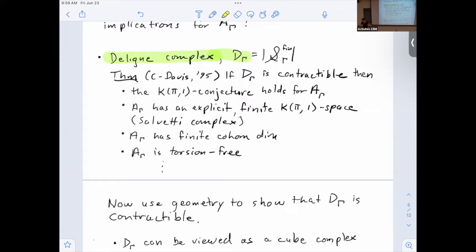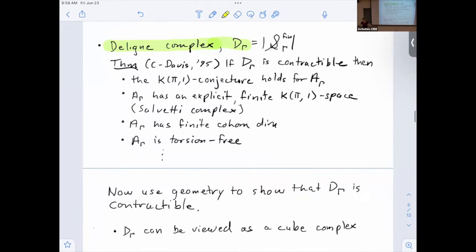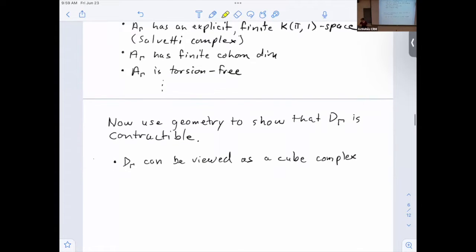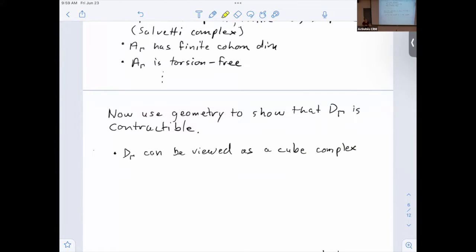All right, so let's see what we can do. Let's first try a cubical metric. Well, I gave you d gamma and described it as a simplicial complex, but there is a cubical version of it. To make the cubical version, I want to think of d gamma now as a cube complex, not as a simplicial complex. So how do I do that? Well, I just ignore a bunch of the vertices.